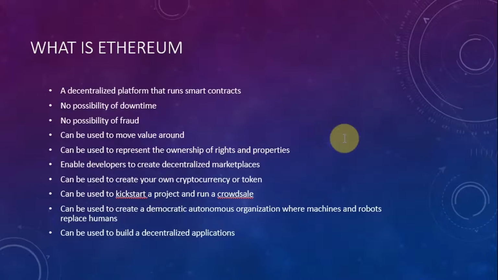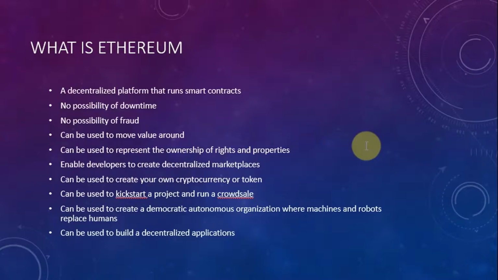So with smart contracts, you can actually create contracts that represent a cryptocurrency or a token. In the markets today, you will see that most tokens are actually created from Ethereum smart contracts.